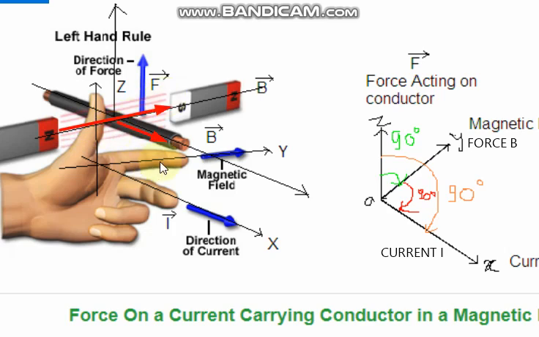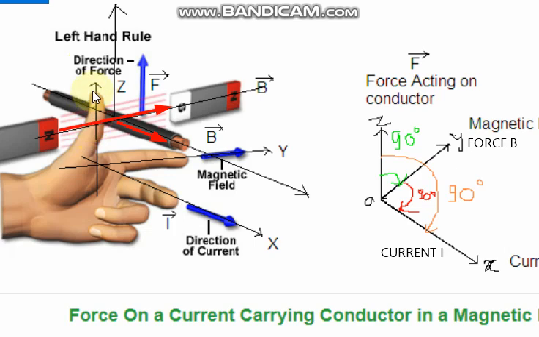So let's use Fleming's left hand rule, in which you will stretch the first finger in the direction of B, which is this. So this is the stretched first finger in the direction of B, and you will stretch the middle finger such that it becomes perpendicular to B, and it will indicate the direction of the current carried by this wire. So your middle finger is in the direction of the current.